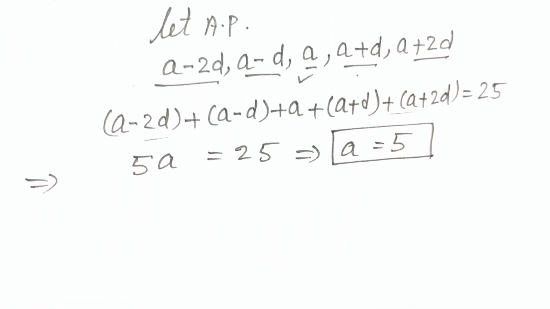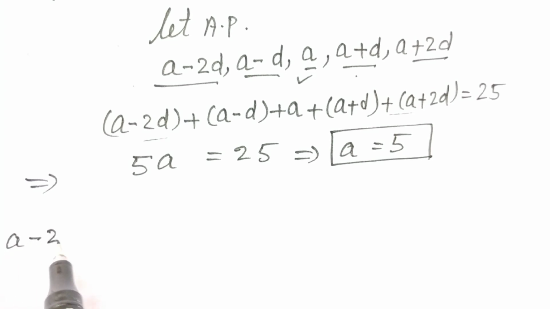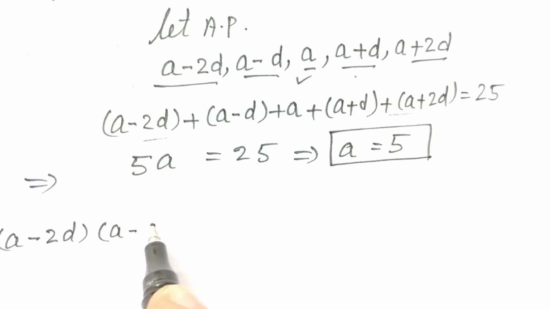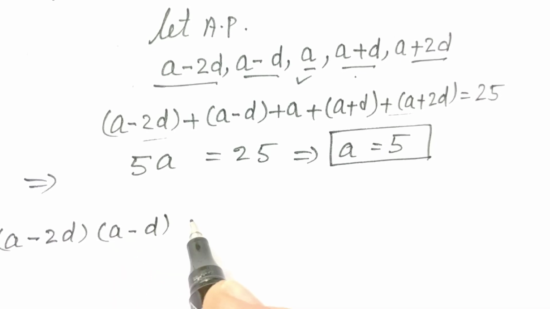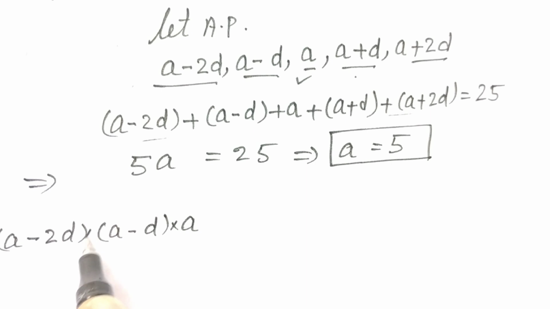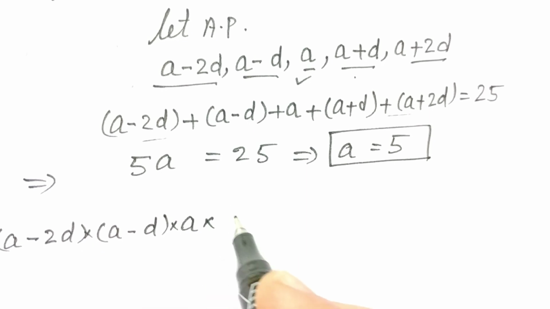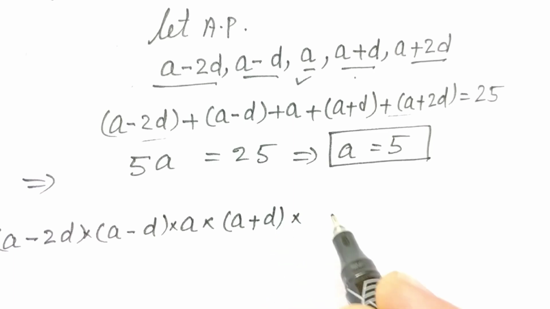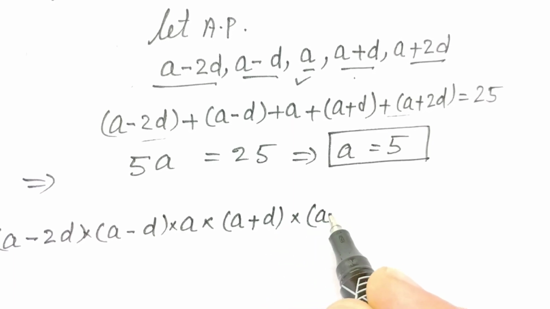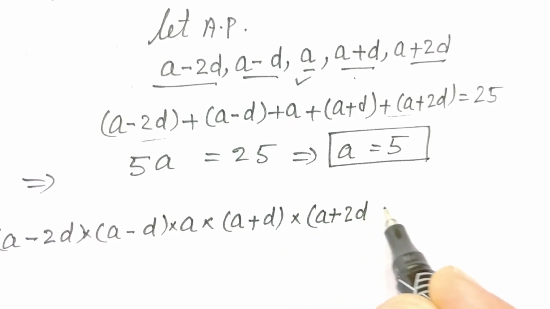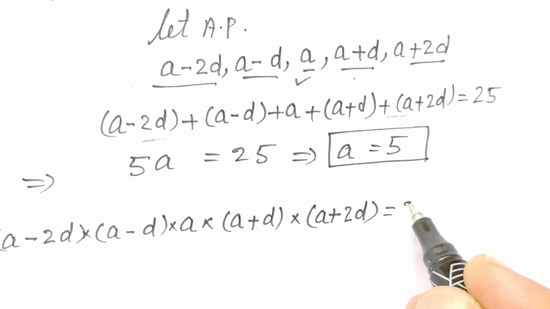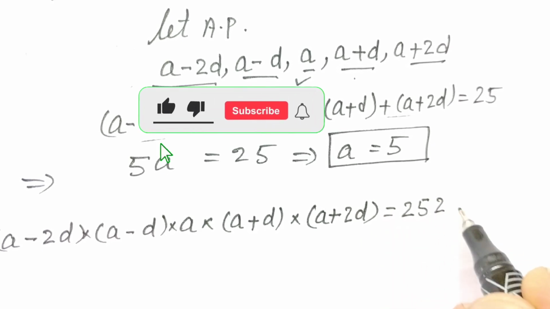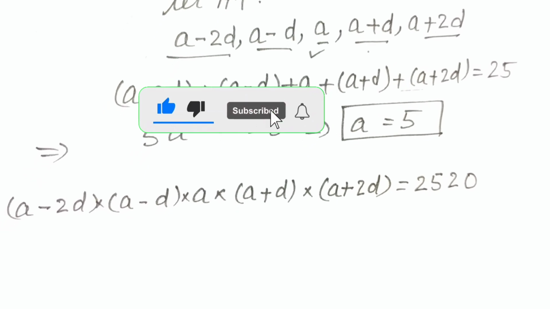So A minus 2d into A minus d into A into A plus d into A plus 2d is equal to 2520, right?